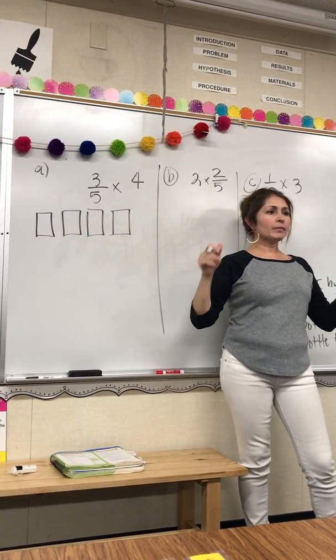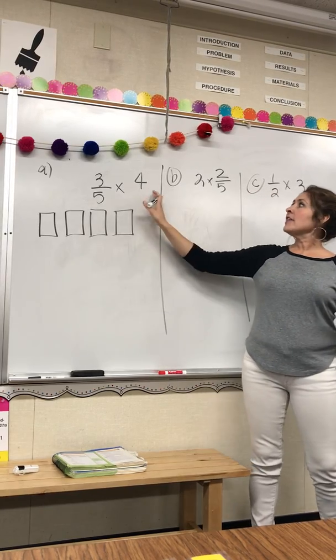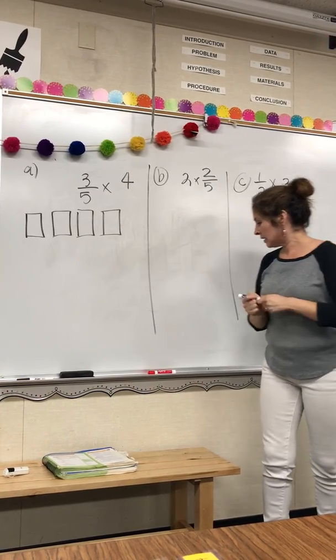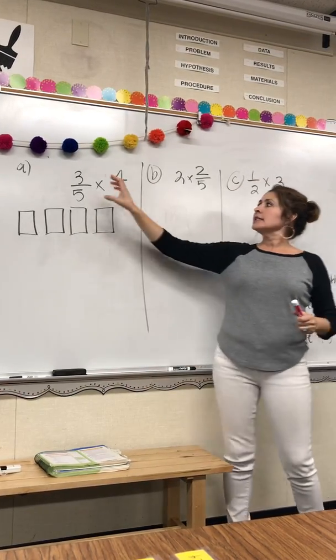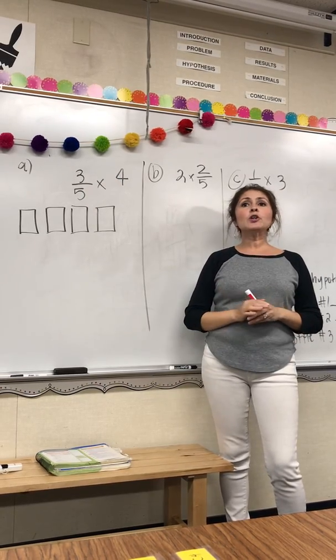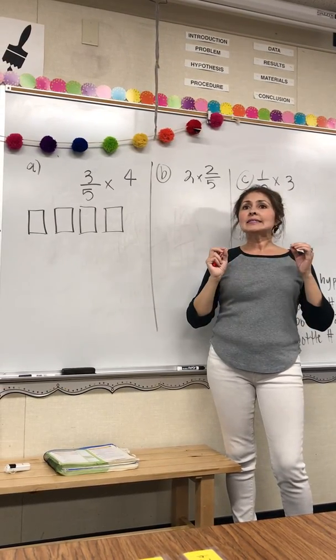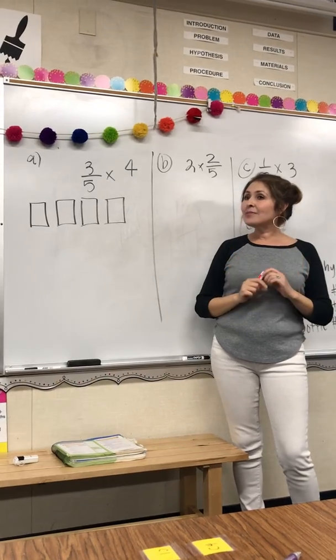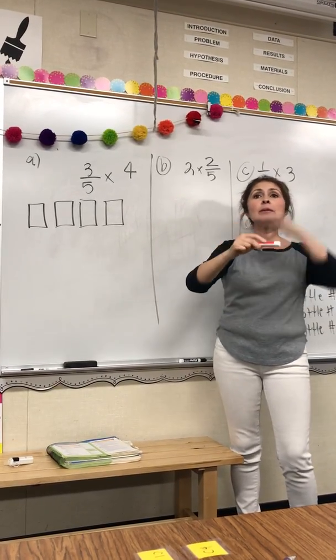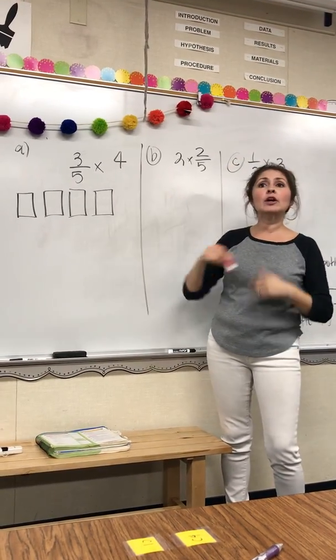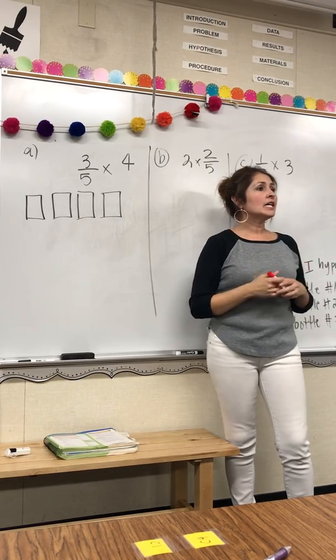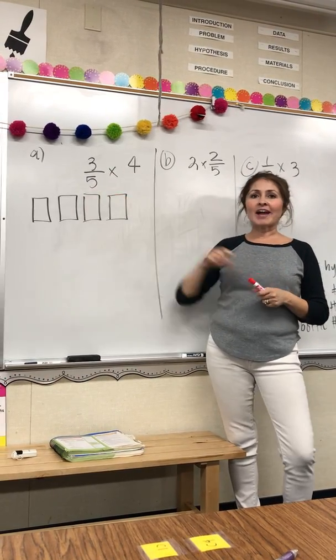You're good? Pay attention. Then you're going to look at the fraction because you are going to look at the denominator for the hint as to how many pieces each candy bar needs to have. Here for the denominator I have 5.